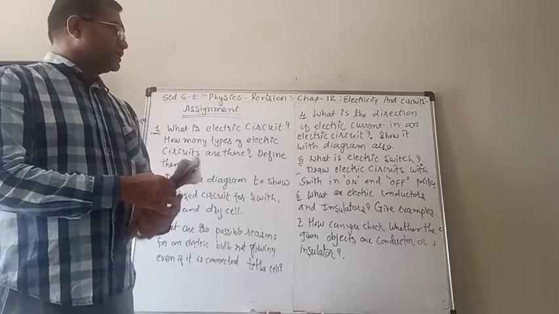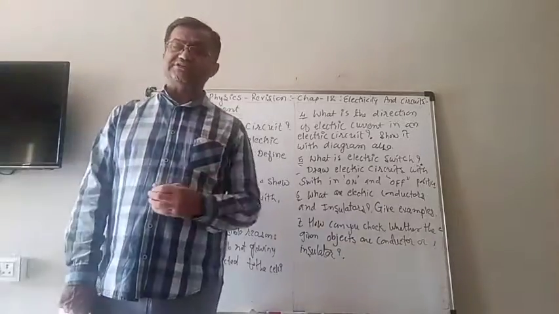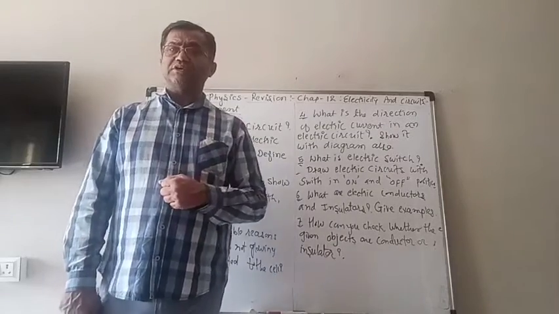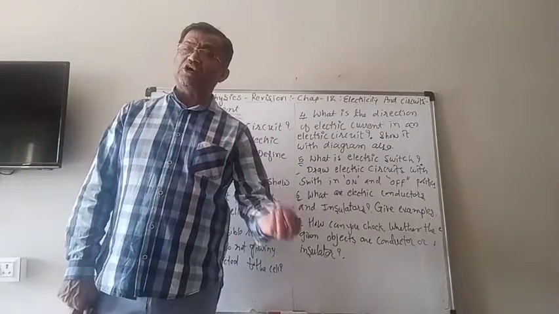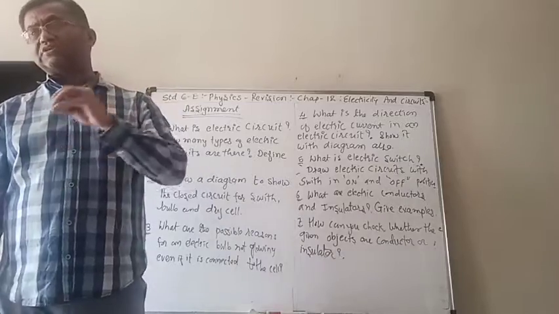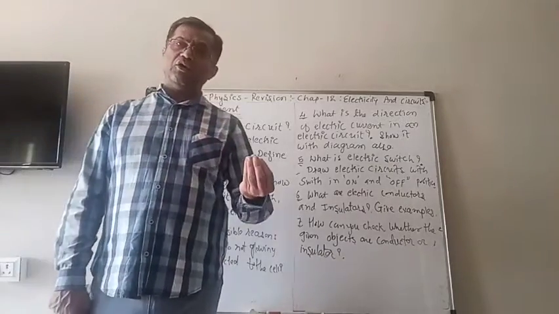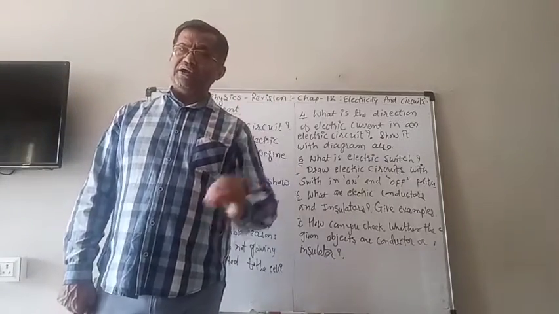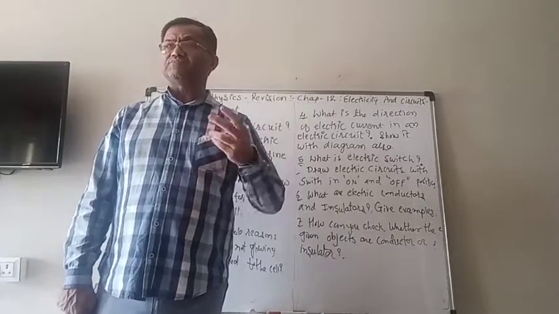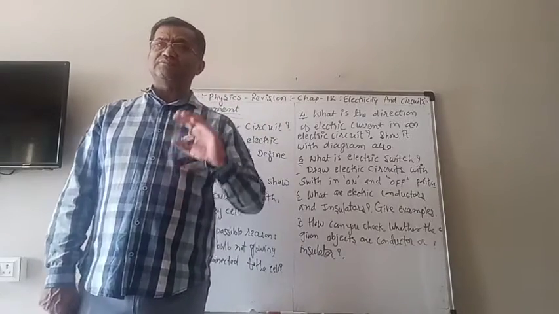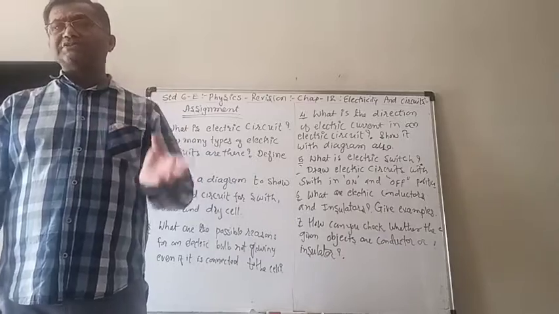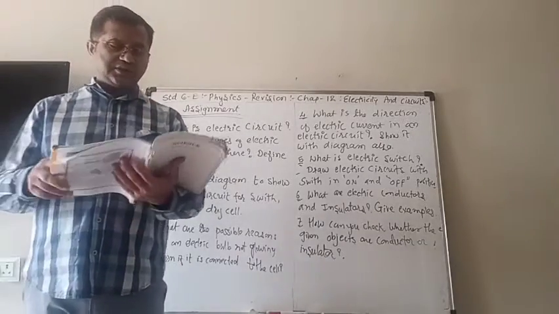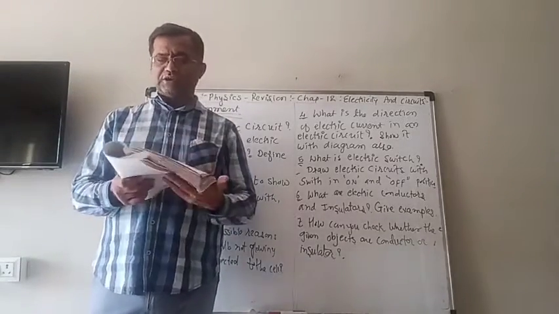And we can connect the switch at any place in the circuit. It is not a particular place, next to the cell or next to the bulb, but you can join the switch at any place so that we can operate it to allow the current to pass or not by putting it in on or off position.